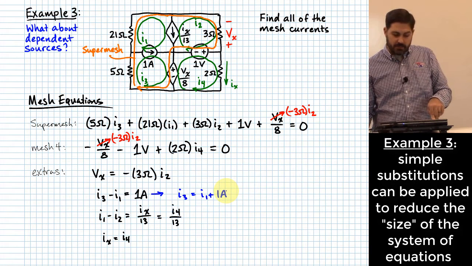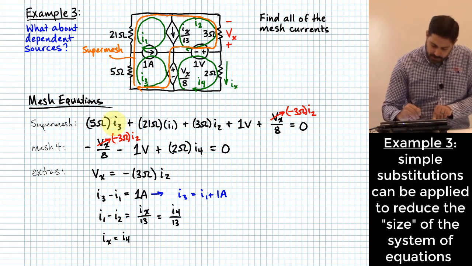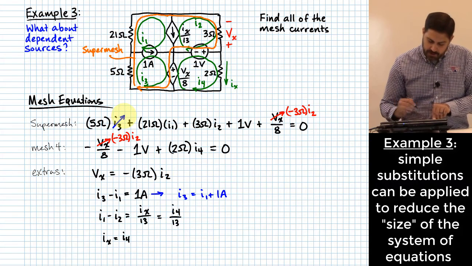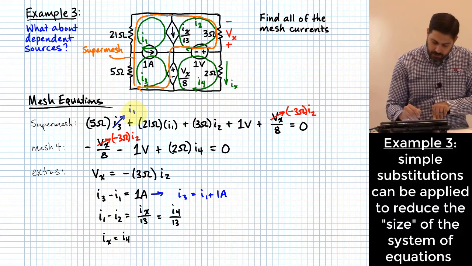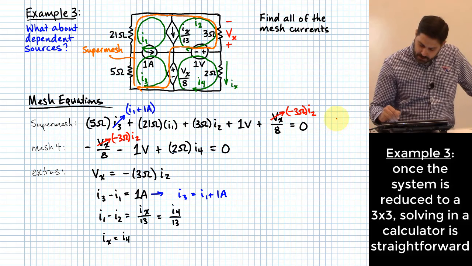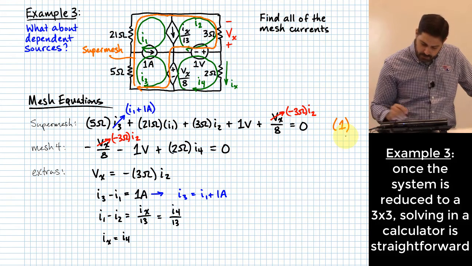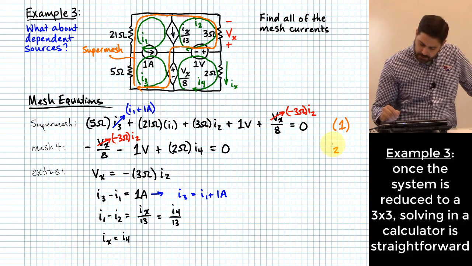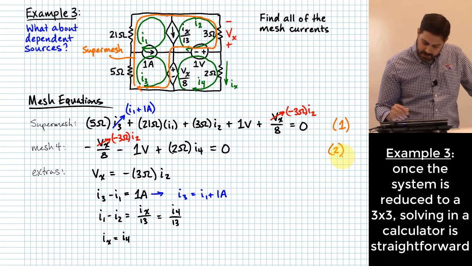If I write it in that form, it allows me to go up here and say, where I have I3, let me replace that with I1 plus 1 amp. Let me number these equations. Let's say this is equation 1, this is equation 2, and this down here is equation 3.